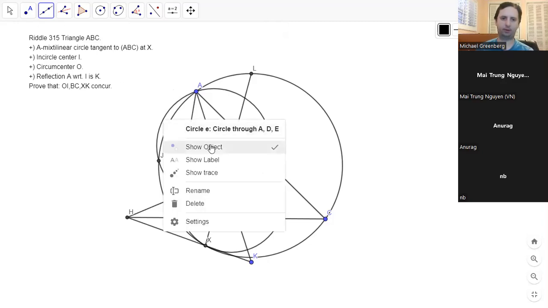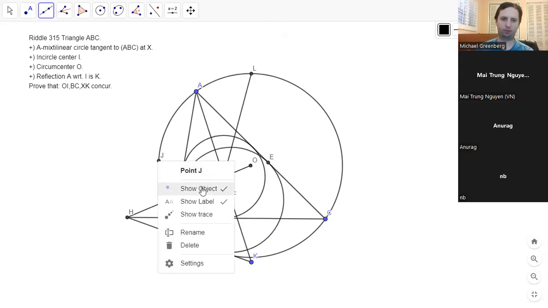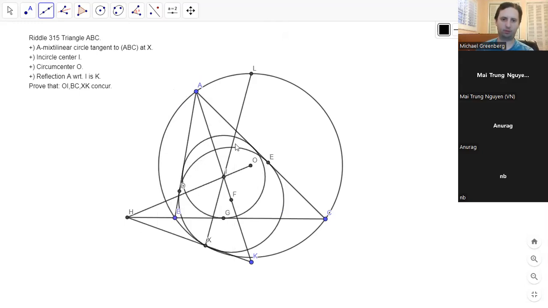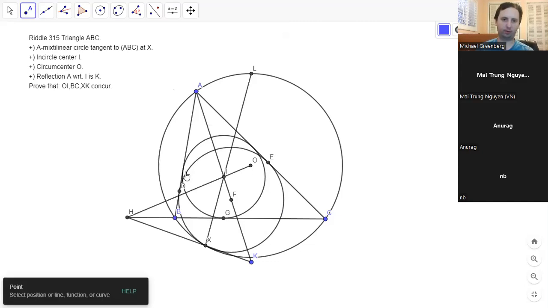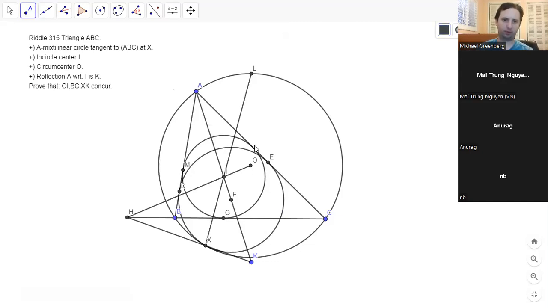I don't think there's any point to this circle. Maybe it's worth drawing these points. And then I have AMIN is cyclic, and there's a couple theorems about that circle.